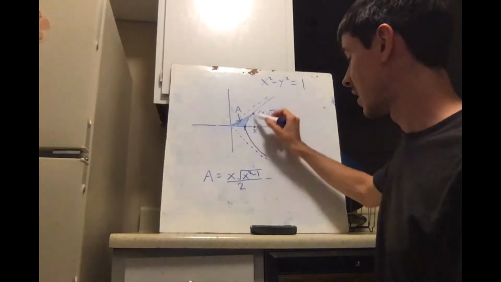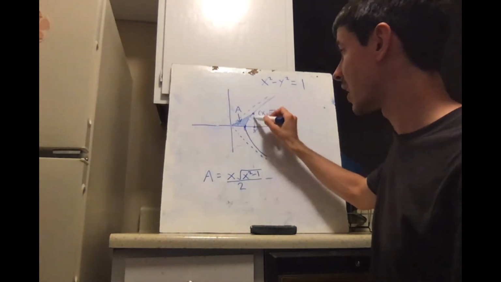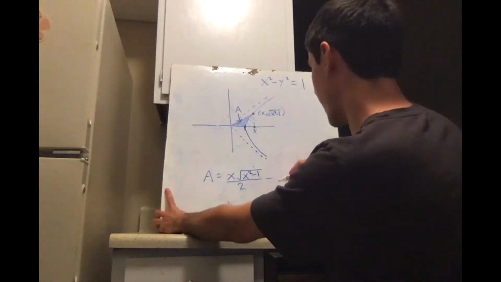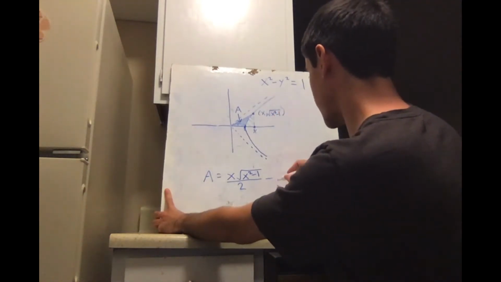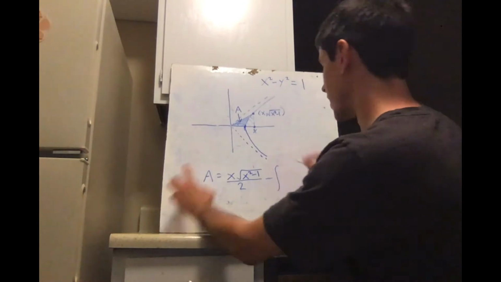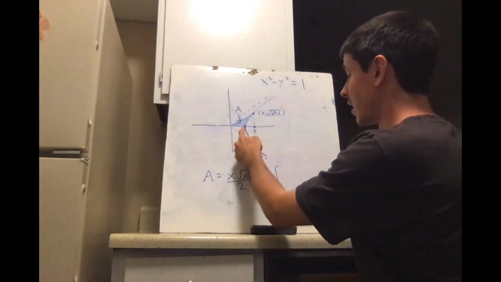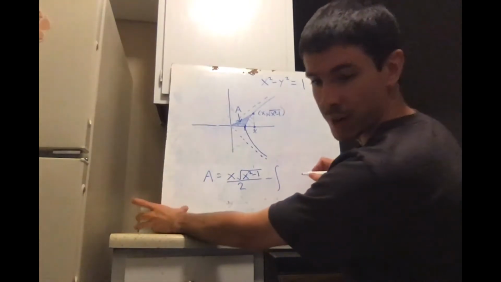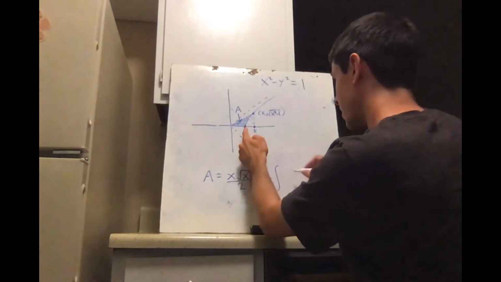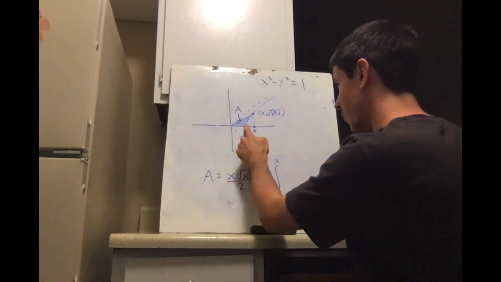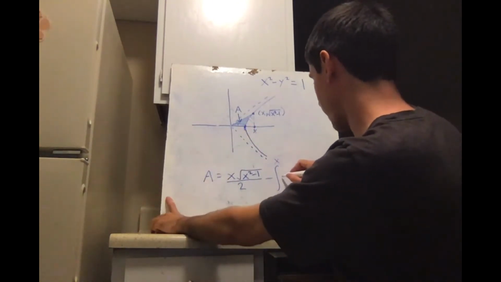So in order to get the shaded region, we take the whole triangle and we subtract the non-shaded region. And we're going to express that as an integral. It's the integral starting at 1. This is 1 right here. Or, sorry, we'll call the variable u. So u starting from 1 and going to x.